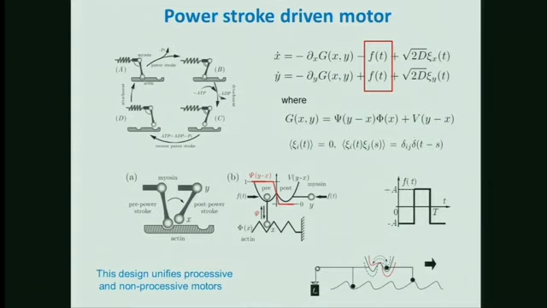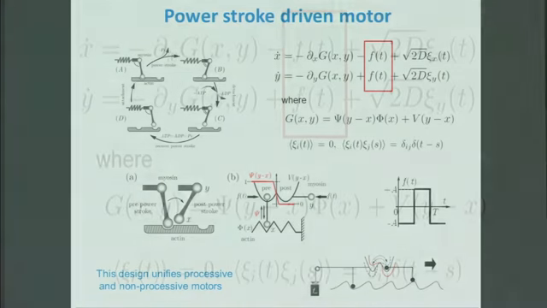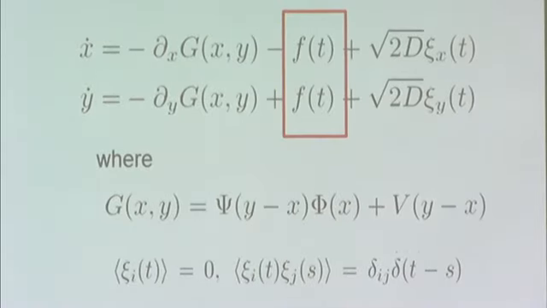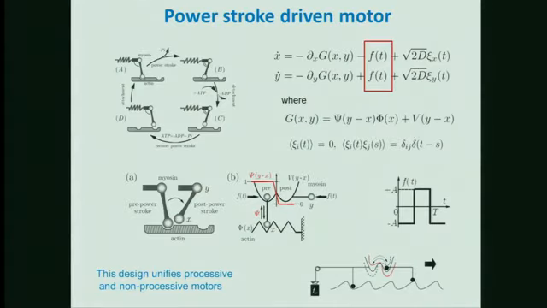But here we'll also add a correlated component of noise, which will be given by a periodic force. But now, since we want our power stroke to be active, we'll make a power stroke driven motor. So we'll make this force act on the variable y minus x, which means the variable that gives the location inside the double well potential.